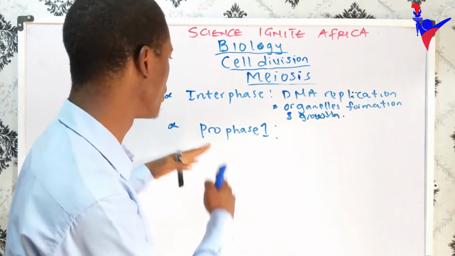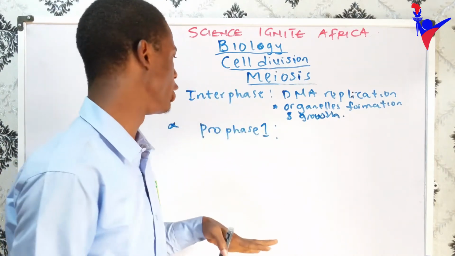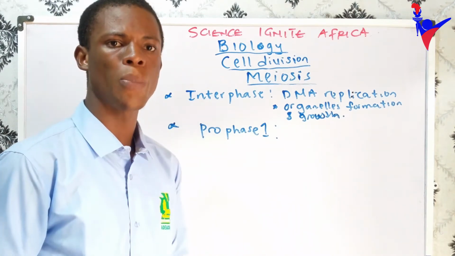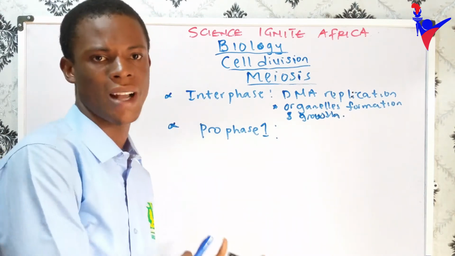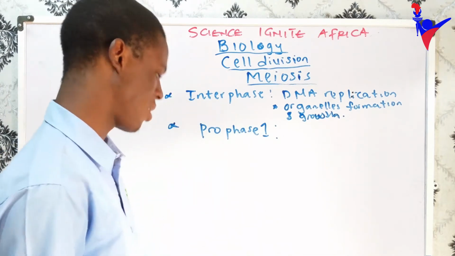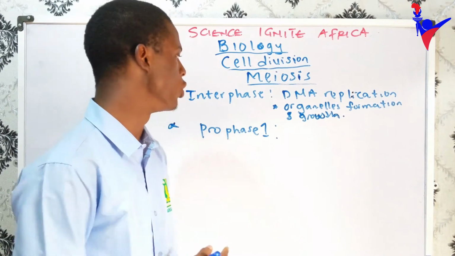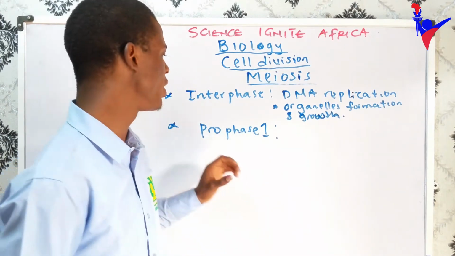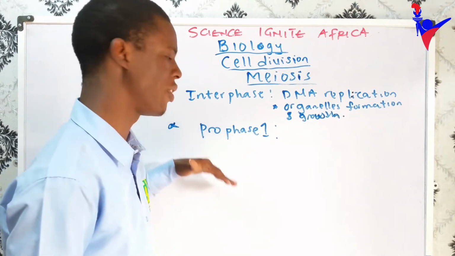And you can see what's on the board now. The prophase 1 stage. What's happening at the prophase 1 stage? What happens at the prophase 1 stage is similar to that of our mitotic division, but I'll let you know that there are some terms which are hidden in this prophase 1 stage.